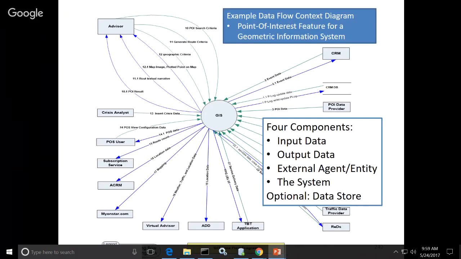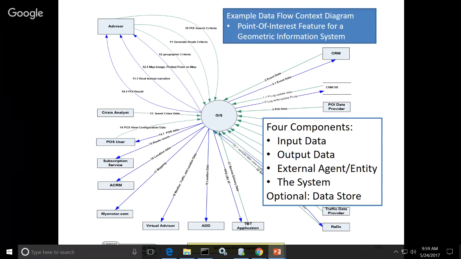Okay, so this is an exact representation of that previous format. Here it says example data flow context diagram. I thought we had context diagram and data flow diagram, not a mixture of the two. You use the context diagram to create your data flow diagrams and to do the interface analysis.